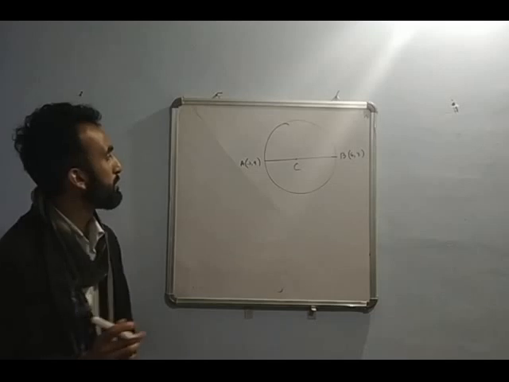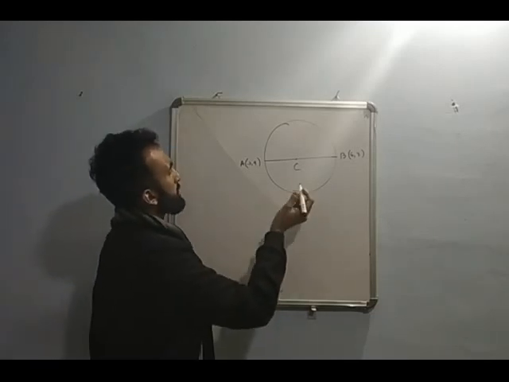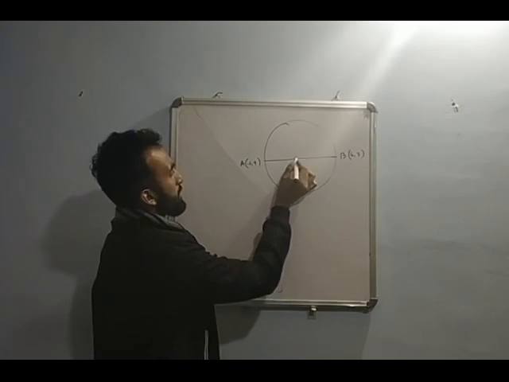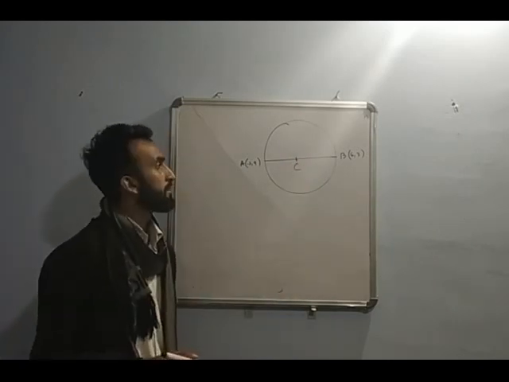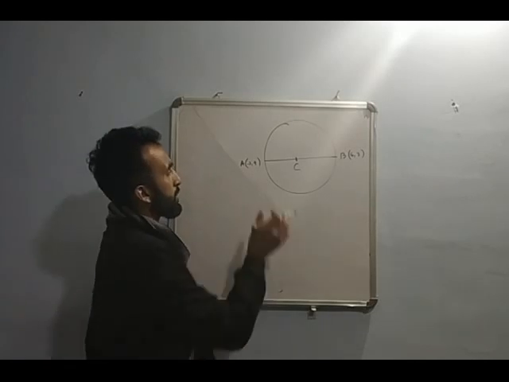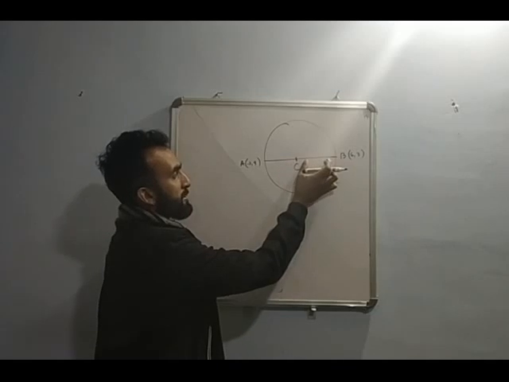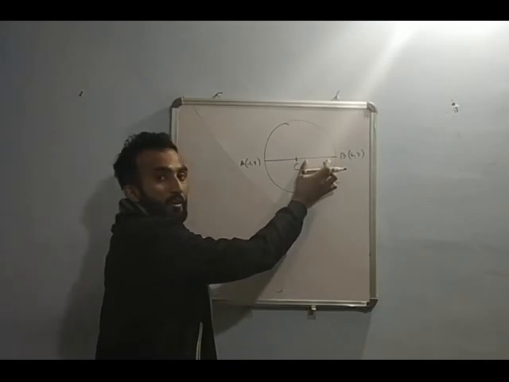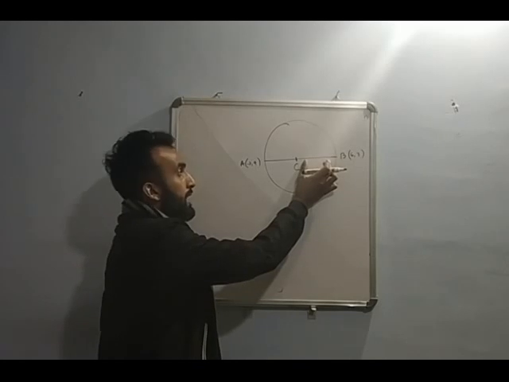Is it not very simple? C is exactly in the middle, yes? The distance between these two and the distance between these two are always the same, because radii of the same circle are the same.